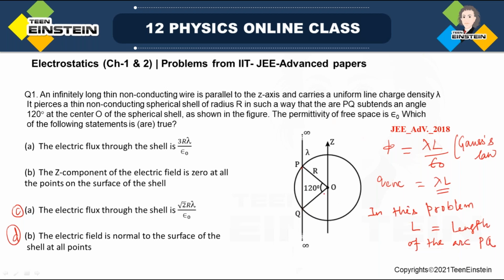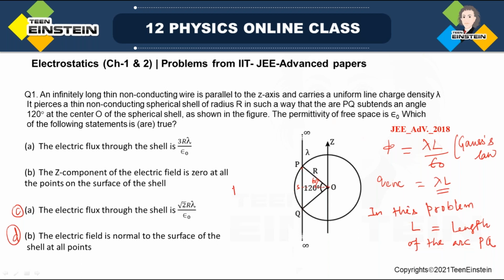So how to find out this arc length? Look, if I just draw a perpendicular bisector for this particular angle, this will be 60 degree. Suppose this is PS.